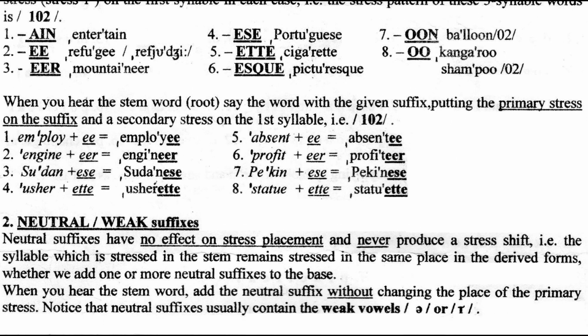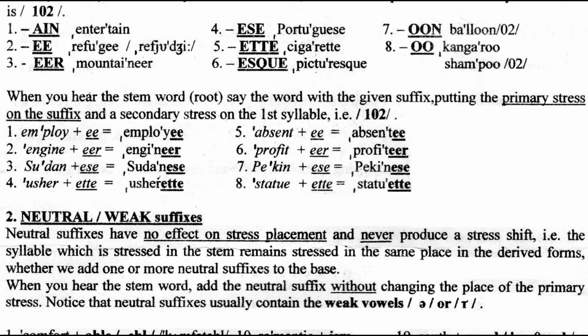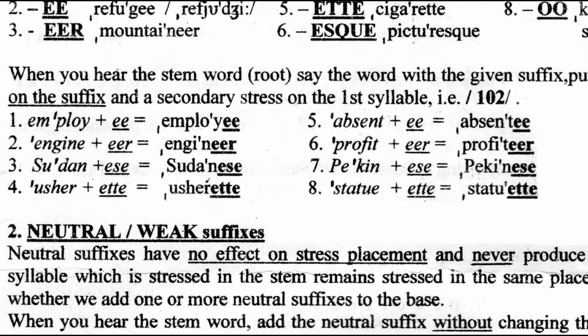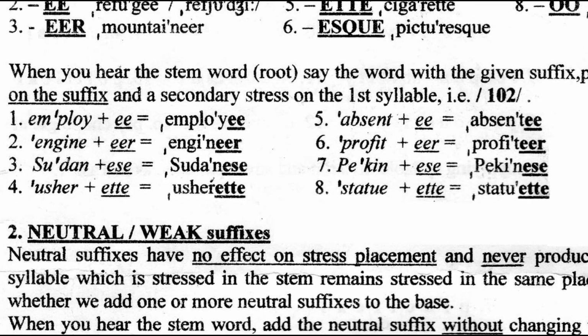We practice together. So, number 1, employ plus the suffix ee, it becomes employee.